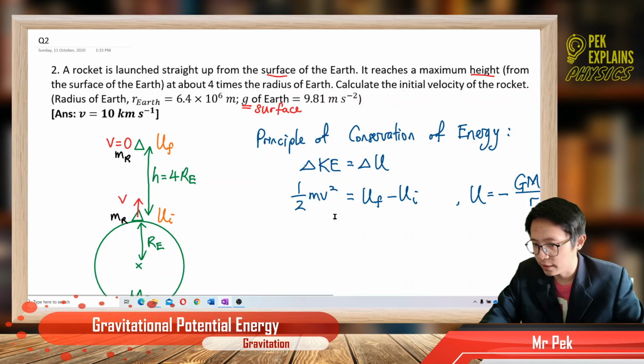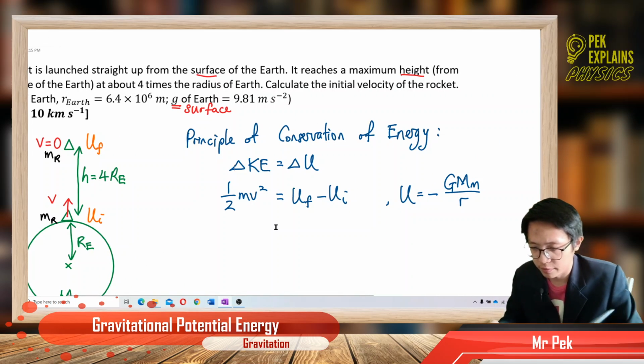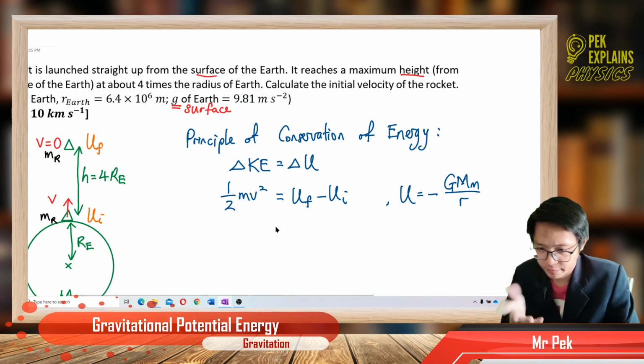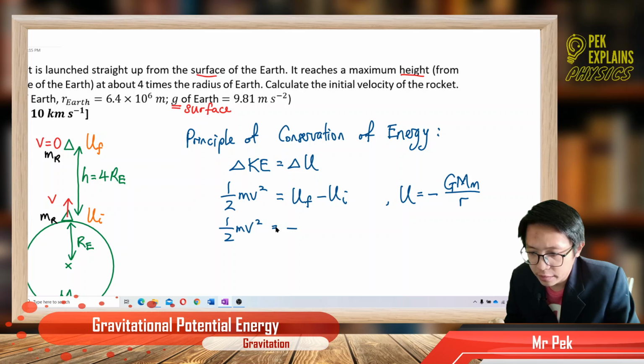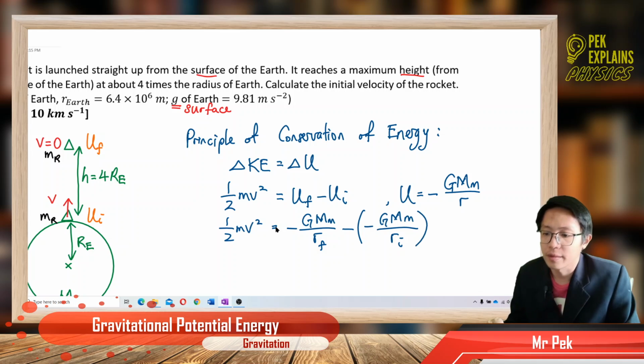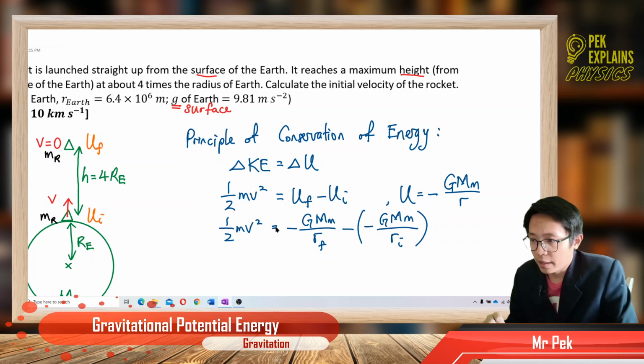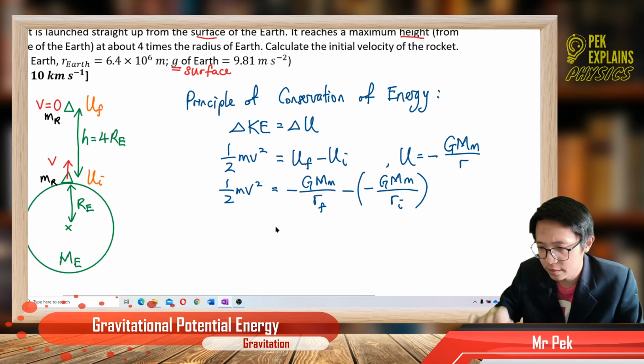Let's write down the formula: half mv squared equals negative GMm over r final minus negative GMm over r initial.